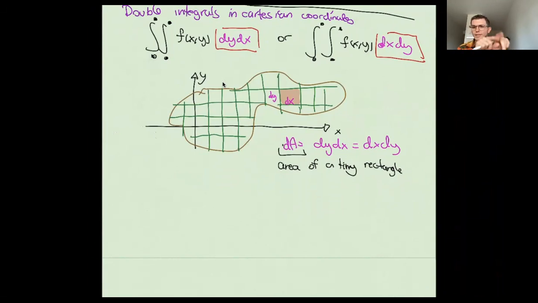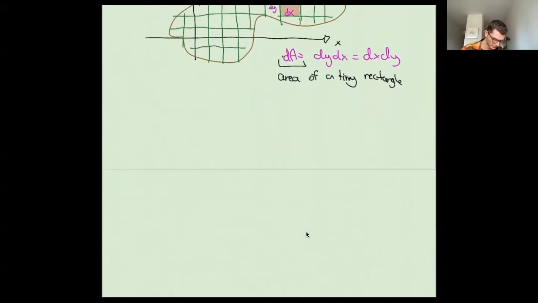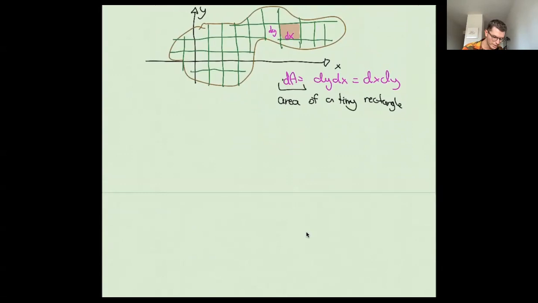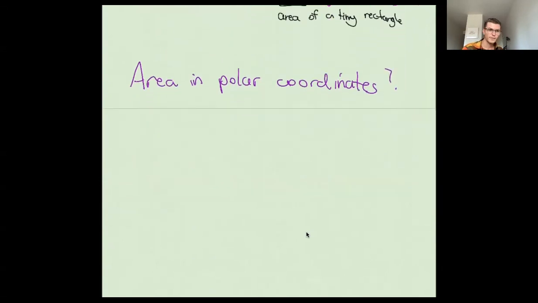It's broken more into these sectors that I showed you on GeoGebra. So what's the area in polar coordinates? Again, they're like pieces of pie, good.